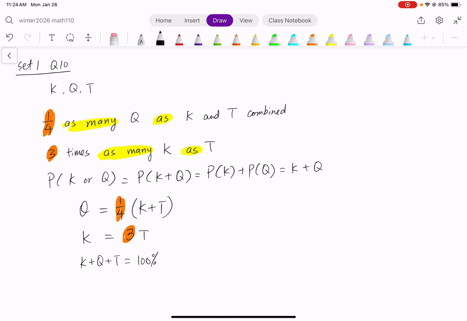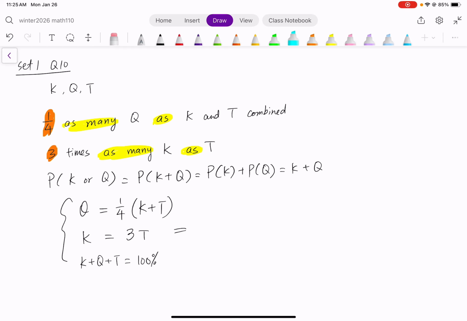All right, so now our job is how do we solve this? It now becomes really a math question. I'm going to use t for everything for cleanness.